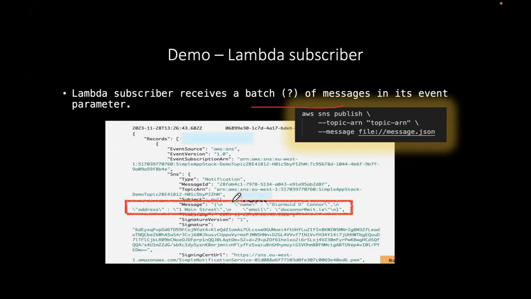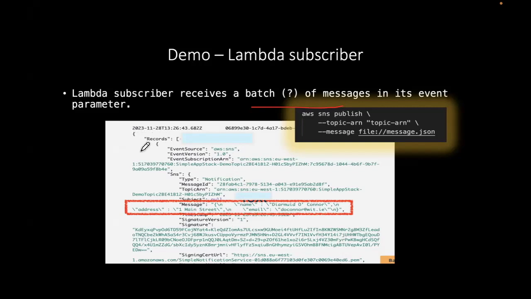However, what I'm showing you here is a screenshot of a console log of the event parameter that is sent to my Lambda subscriber. Within that event parameter, there is a records property, and the records property is an array, as we can see there.